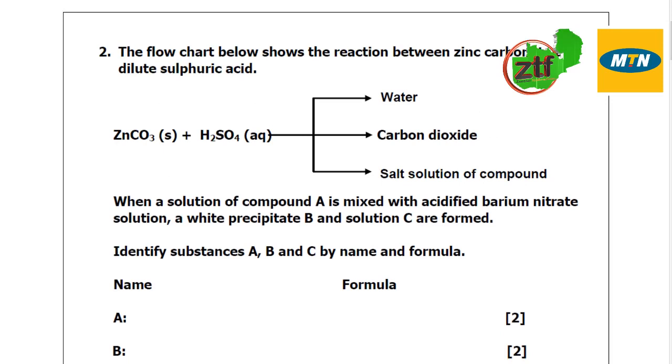When zinc carbonate has been reacted with dilute sulphuric acid, it forms water, carbon dioxide, and a salt solution of compound A. When a solution of compound A is mixed with acidified barium nitrate solution, a white precipitate B and solution E are formed. Identify the substances A, B, and C by name and by formula.